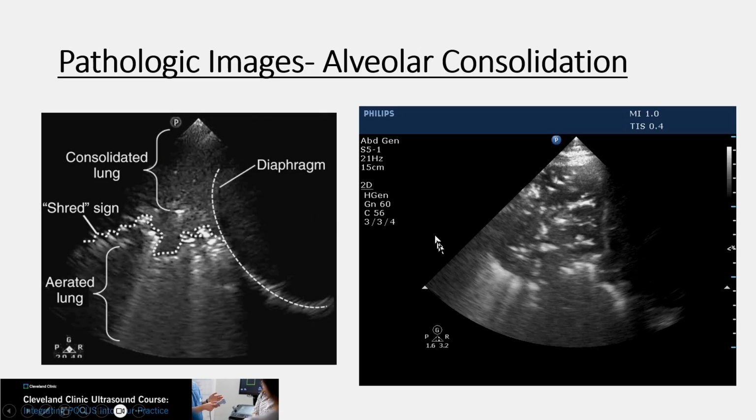The image on the right is indicative of air bronchograms, which are these bright white spots noted in this consolidative lung. This is indicative of the ultrasound beam interacting with air within the bronchi, surrounded by consolidative alveolar processes.